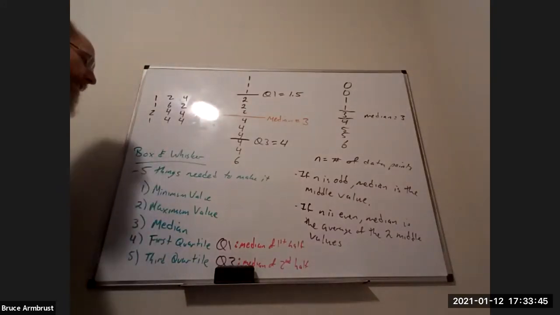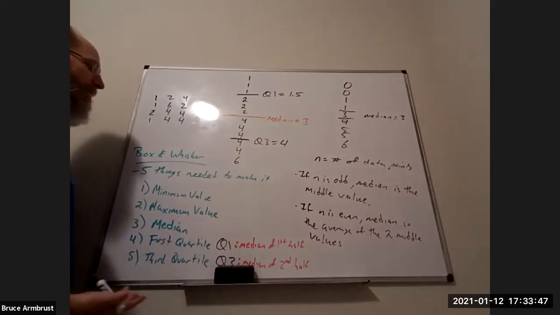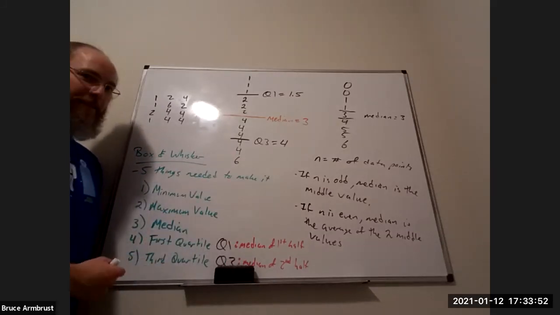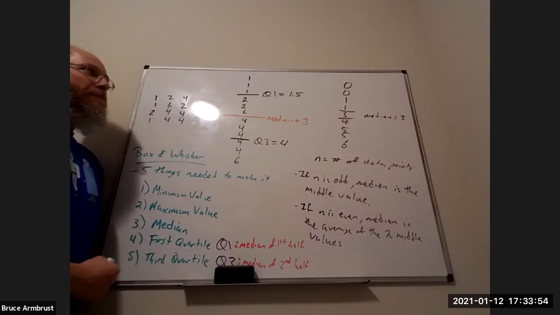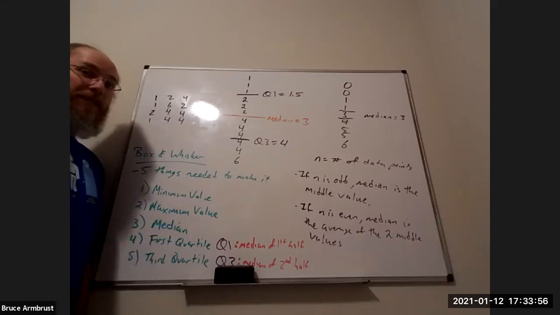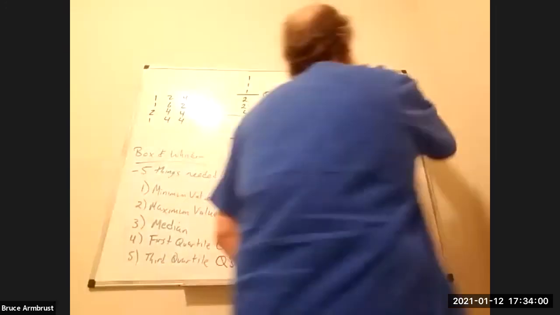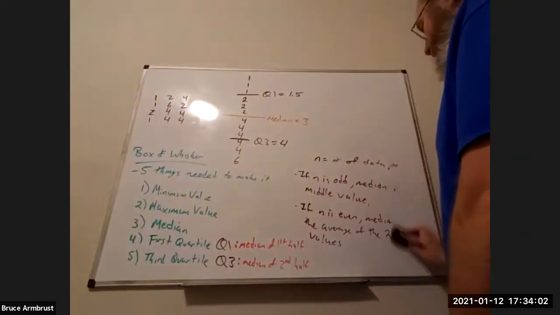Whew, okay. So we have the 5 things that we need for our box and whisker plot. Finally. Now let's put it together. All right, so here's how the box and whisker plot looks.